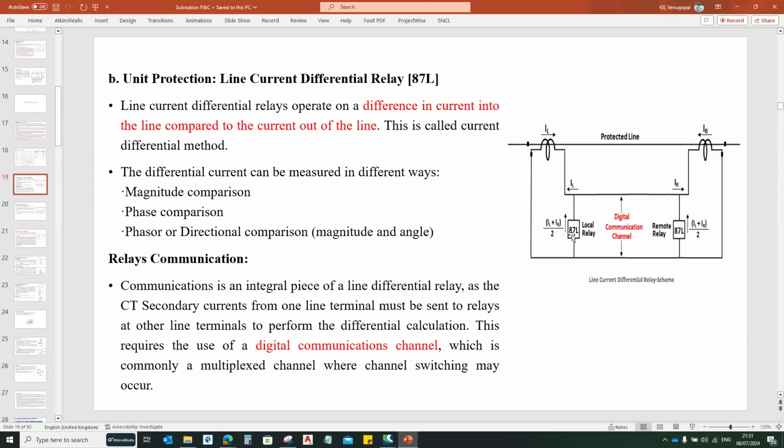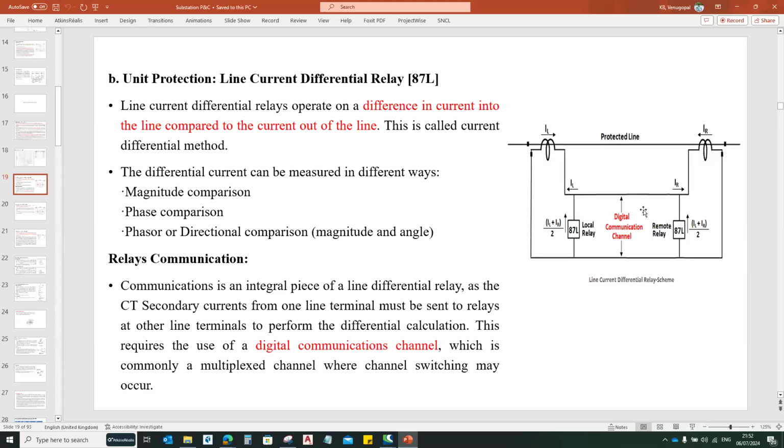It will send an inter trip to the remote end relay. The remote end relay will receive the inter trip and give the tripping command to its circuit breaker. That inter trip can be sent via this communication link. There will be protection signals and current signals in the communication path, both sent in different channels.